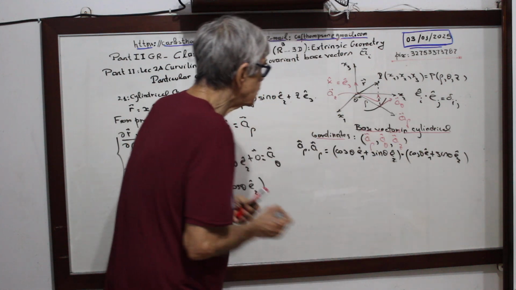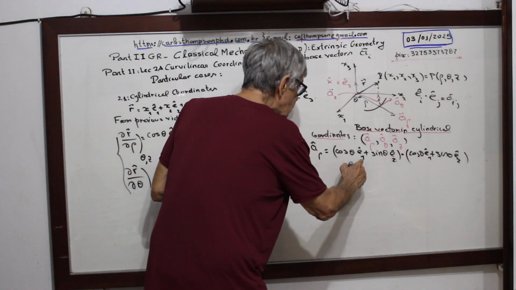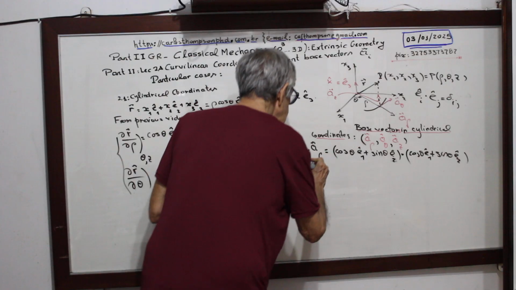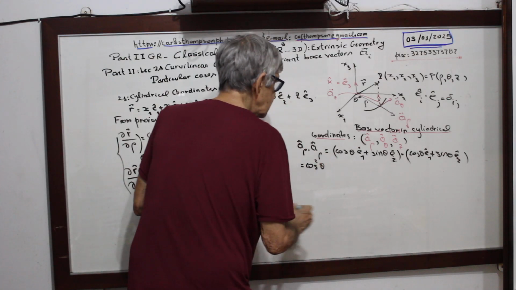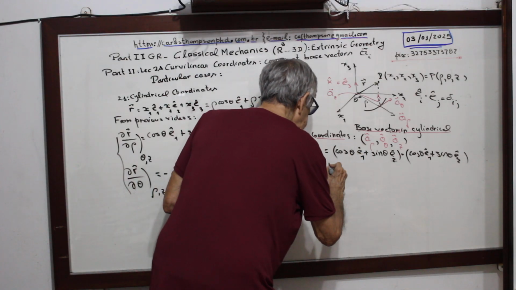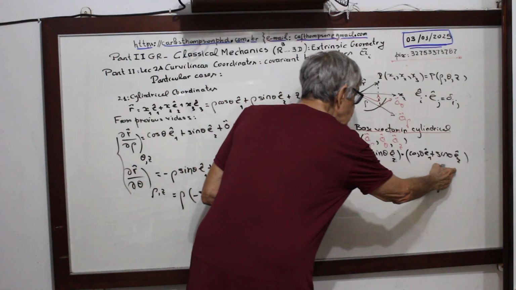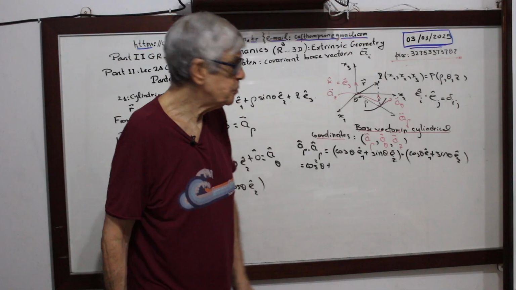See, Cartesian coordinates. Now, look, the dot product between E1 and E1 will be 1. So this is cosine squared, see? Plus, now, the dot product between E1 and E2 will be 0, see?